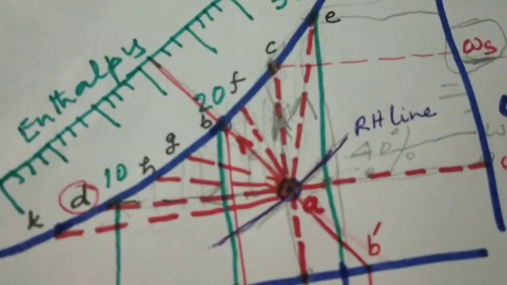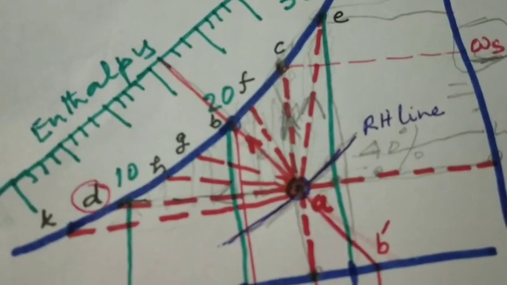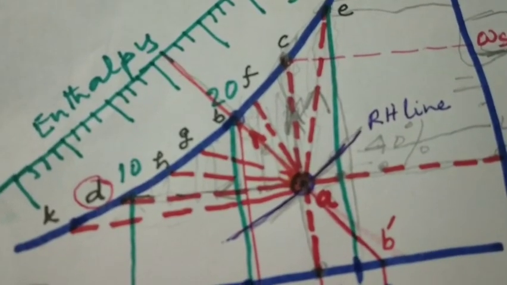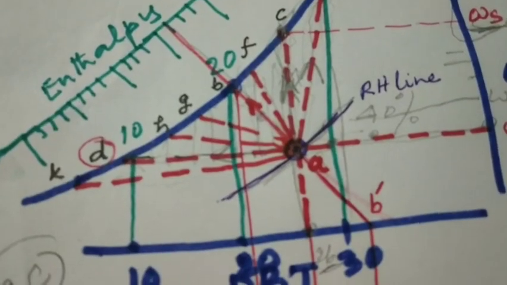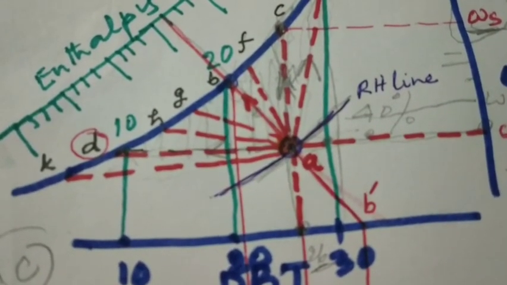When the air gets 100% saturated surrounding the bulb of the thermometer, that particular reading is known as the wet bulb temperature.